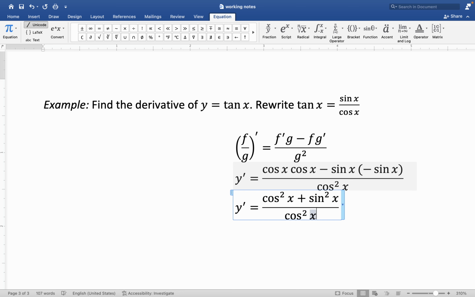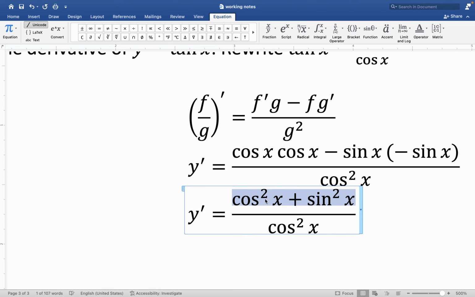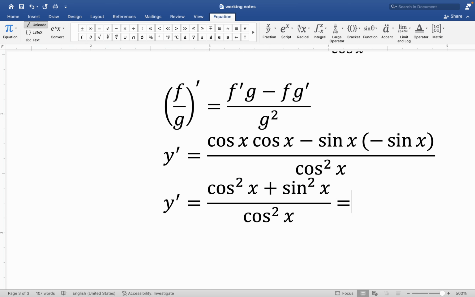Okay, that's kind of cool, but hopefully there are still some vague memories of last year, and this expression here looks familiar to you, cosine squared plus sine squared. Hopefully you remember that that's actually just 1, right? That's 1. Remember that trig identity?